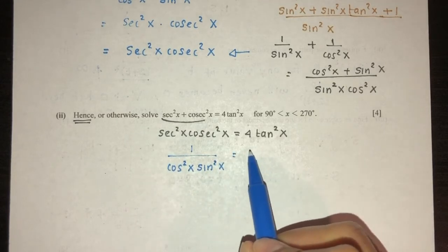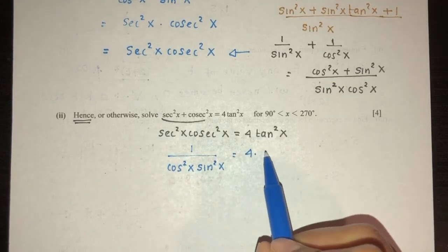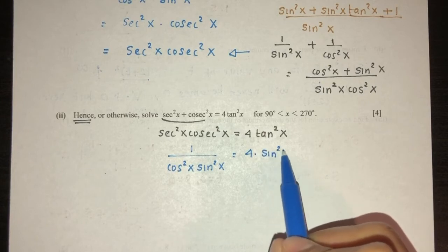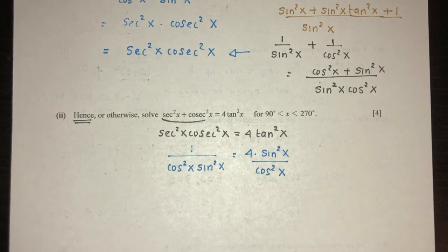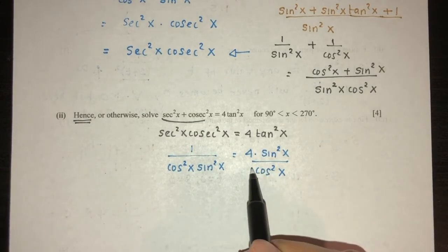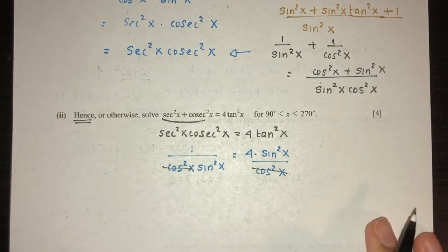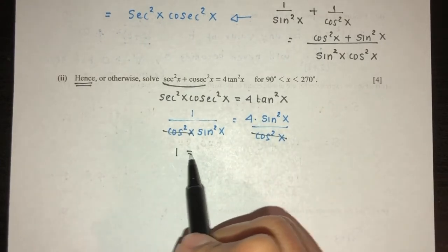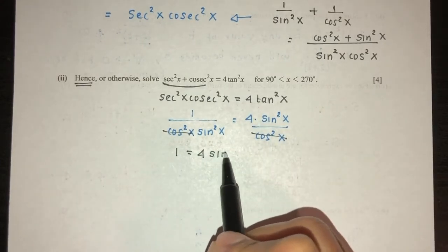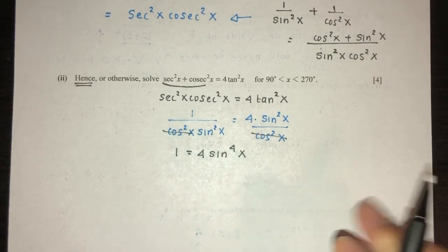Equal to 4 times, on top you will have sin square x over cos square x. Now these two will be cancelled out. Okay, and if you cross multiply, you will have 1 is equal to 4 sine power 4x.